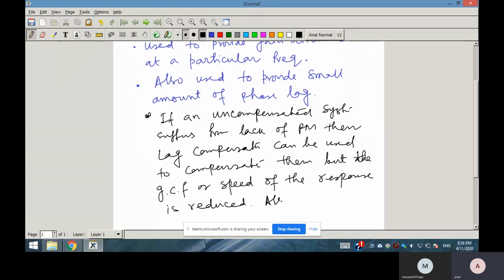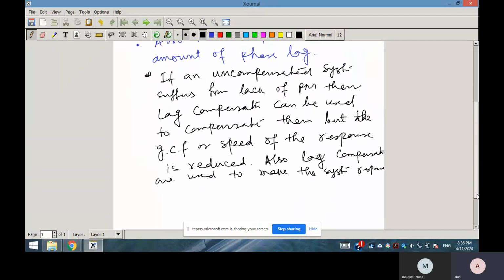So a lag compensator is also used to make the system response slow. If your system response is very fast and you want to make it slow, then lag compensators are used.